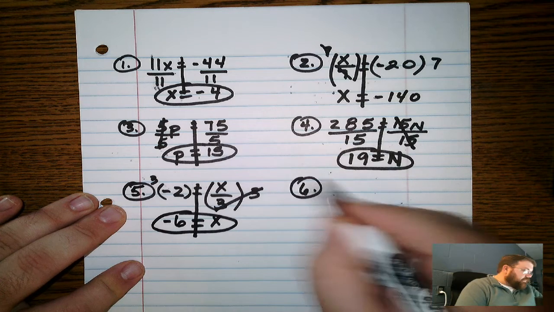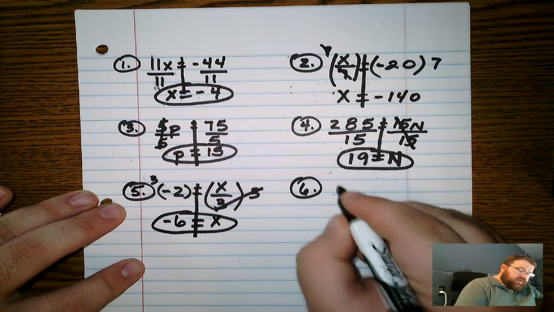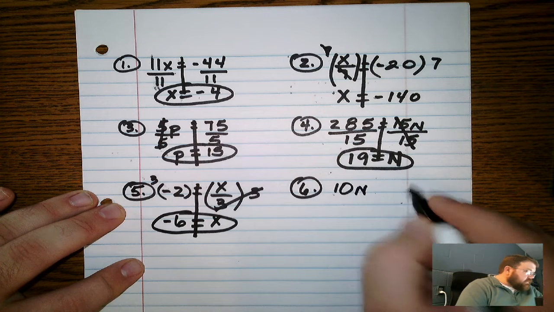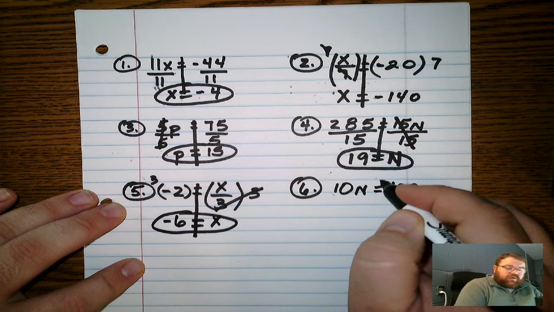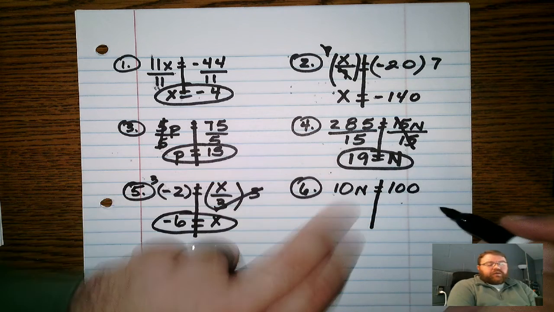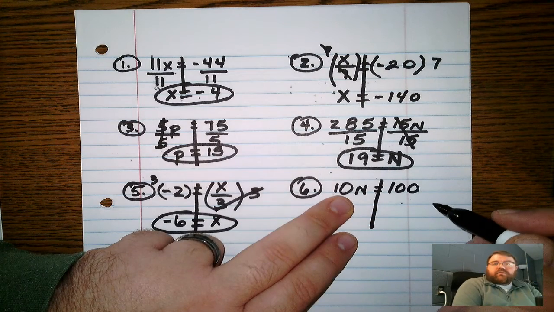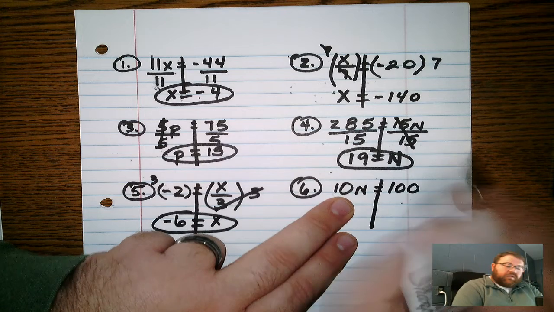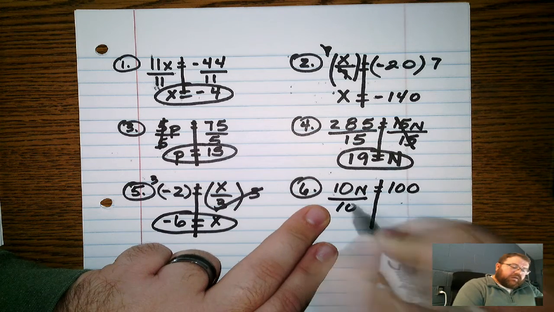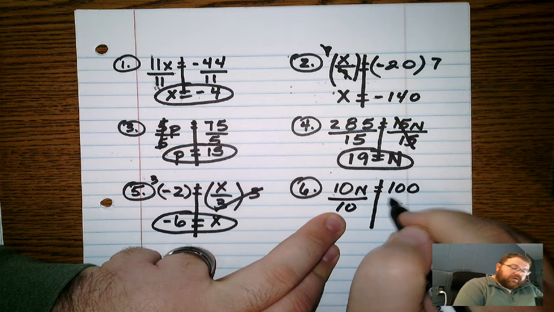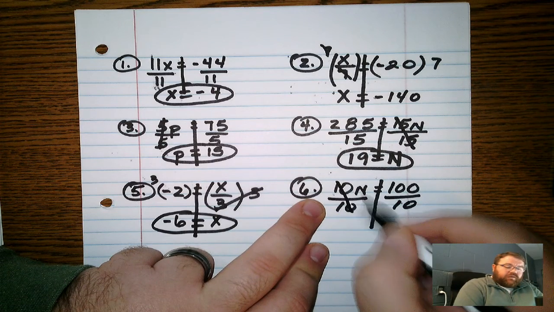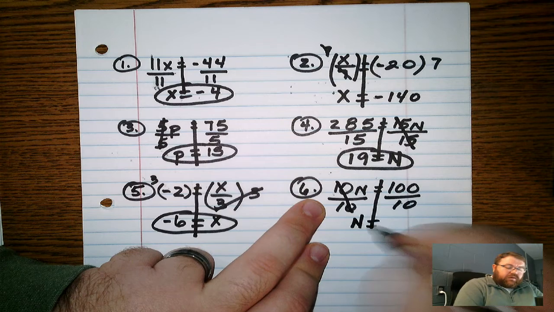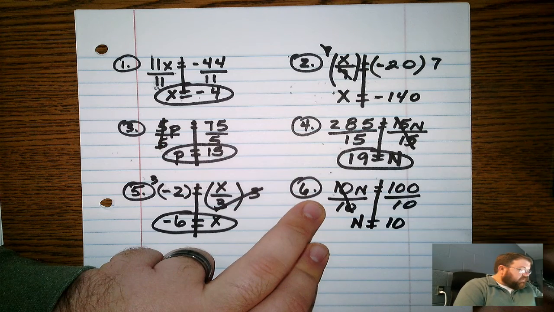Number 6. So we have 10n is equal to 100. I'm going to draw my line. The 10 is trying to multiply your n, so I am going to divide by 10 on both sides. 10 divided by 10 is 1, so we have n equals 10.